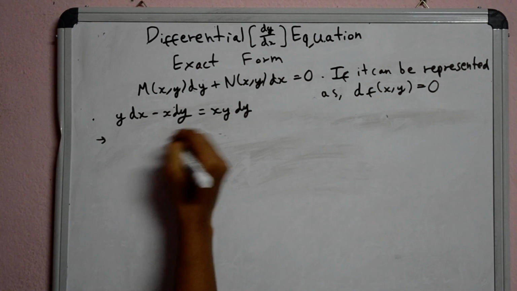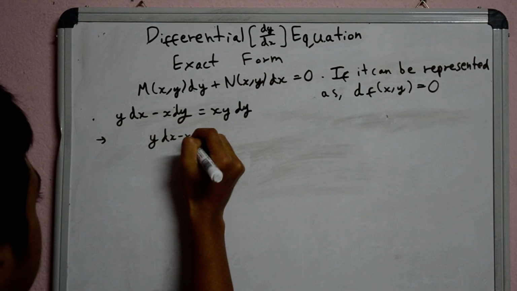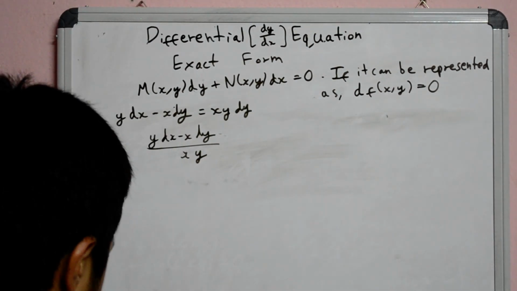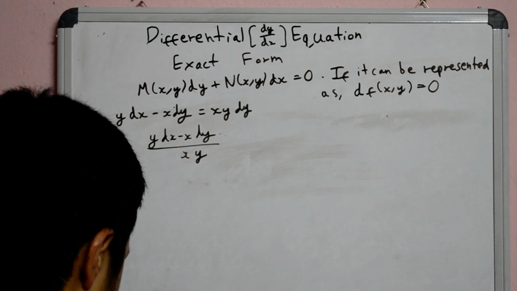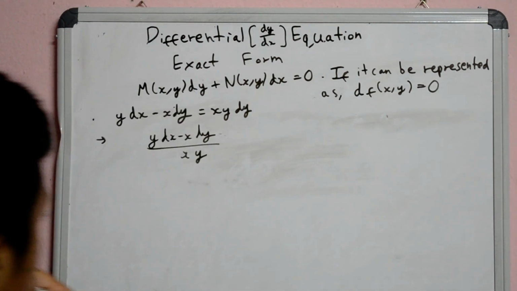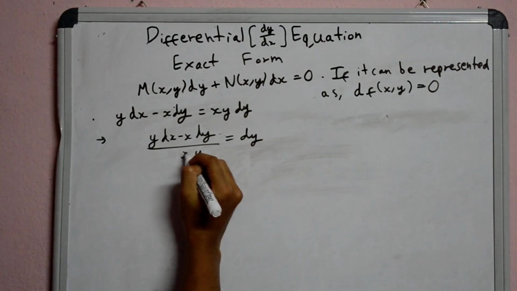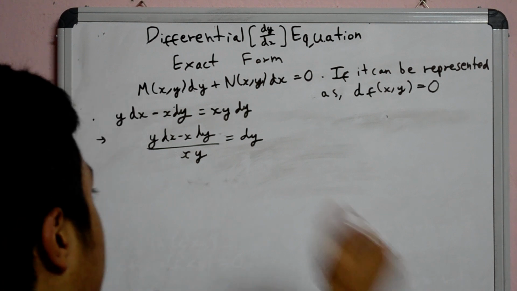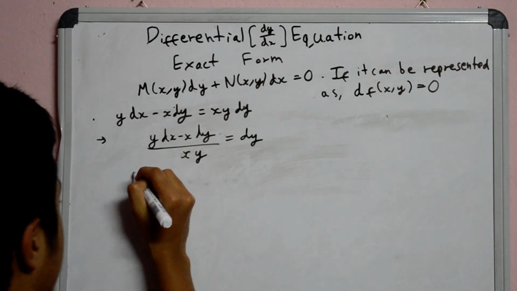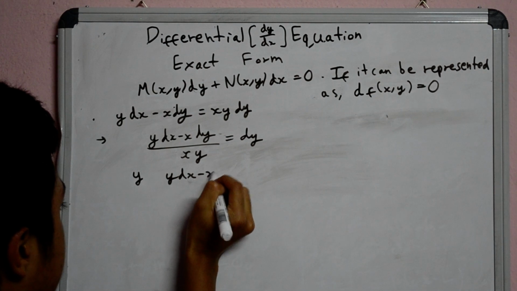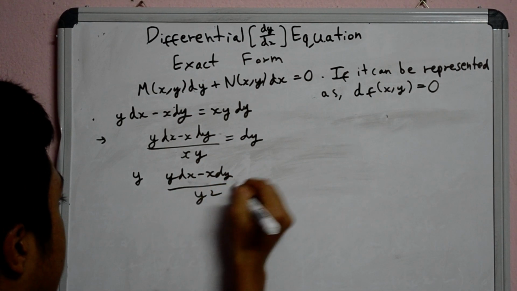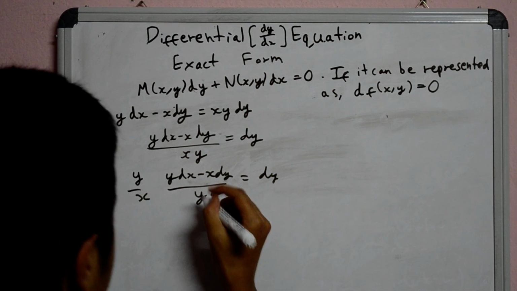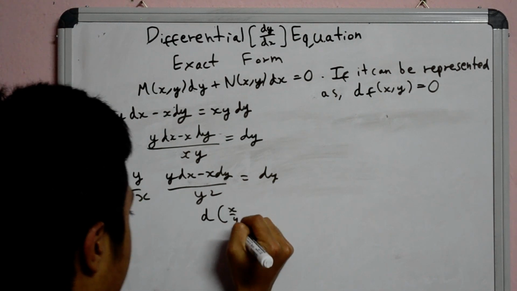Let's separate and put this on the bottom. We know that we want y squared over here, so we can multiply the numerator and denominator by y. So this is y into (y dx minus x dy) over y squared equals dy, and this x, let's put it here. So here we know that this is the derivative of x by y, but what about y by x?